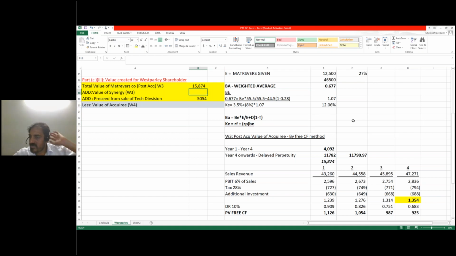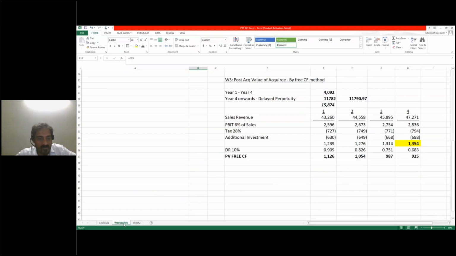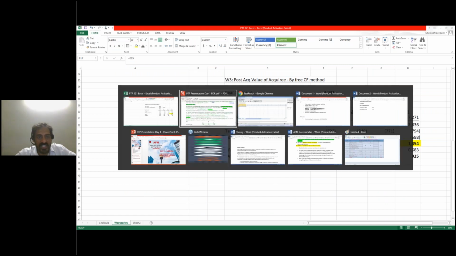Okay, class. The value of synergy, candidates, because time is running out, that's why. Yes, this is homework. You have to work out the synergy aspect by yourself. The synergy is very simple.